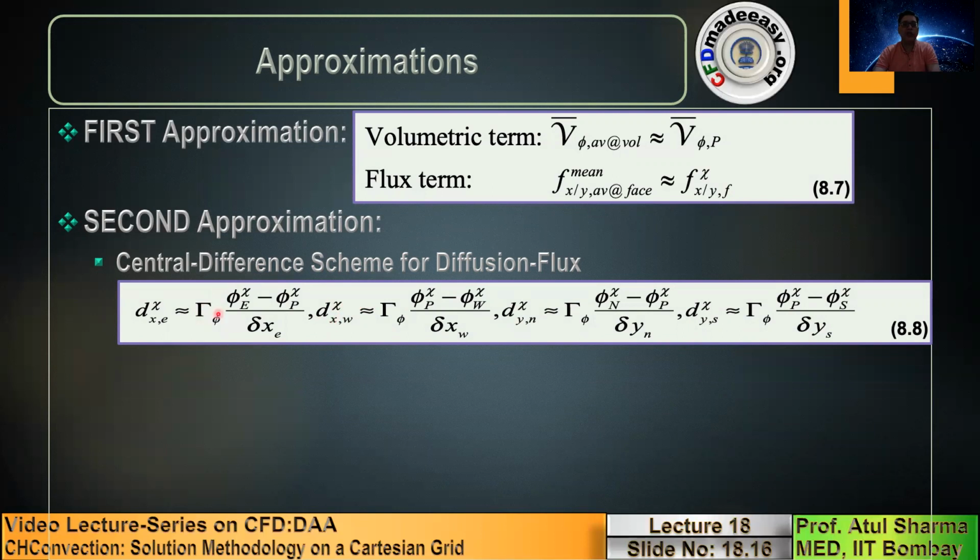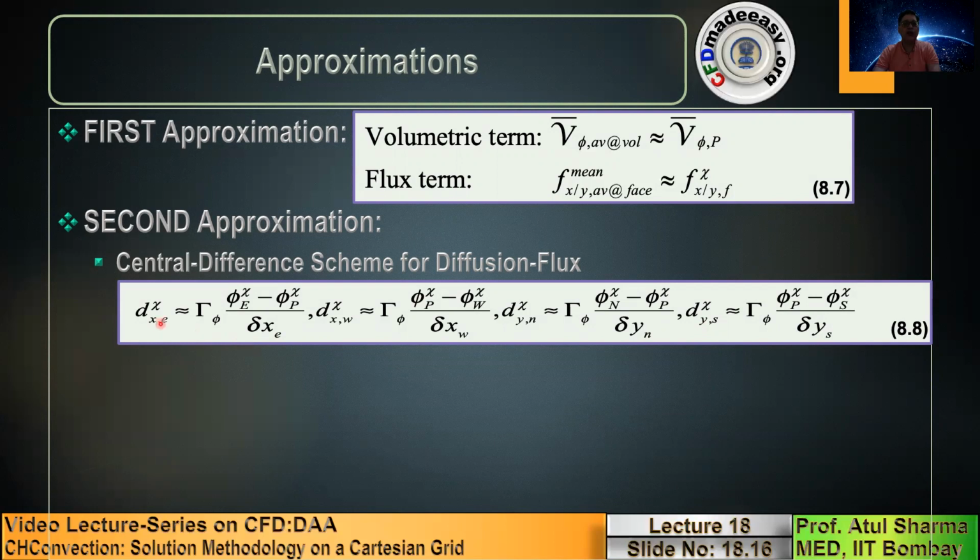In conduction, instead of this gamma phi, which is called the diffusion coefficient, it was minus k, and this phi was temperature, and this small d was small q, the conduction flux. So we had qx here, qxt, qxw, qyn, qys. Now note that here we are using this also for x and y momentum.